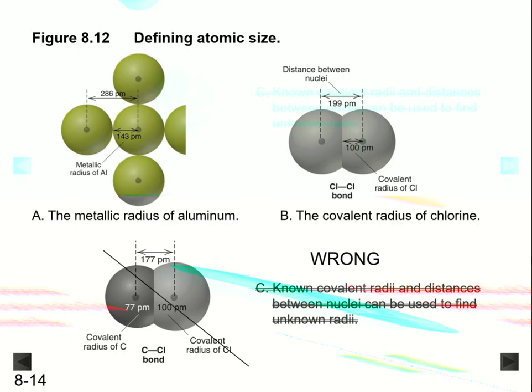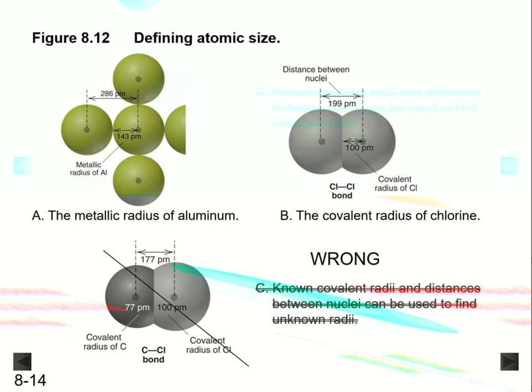Aluminum, in the brown balls, forms a crystal structure called face-centered cubic, which is discussed in chapter 12. But it forms a structure where the aluminum atoms are next to each other. So in an aluminum solid, aluminum atoms are next to one another and they chemically bond with one another.